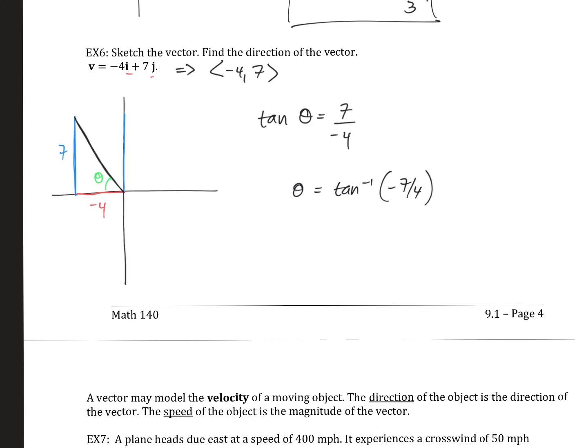Since that's not on the unit circle, we'll go ahead and plug that into the calculator. So theta is going to be approximately equal to negative 60.25. Okay, and the negative there because we're heading in that direction, creating that angle. Alrighty, there we have it. Let's go ahead and remember that arrowhead for the direction of our vector.